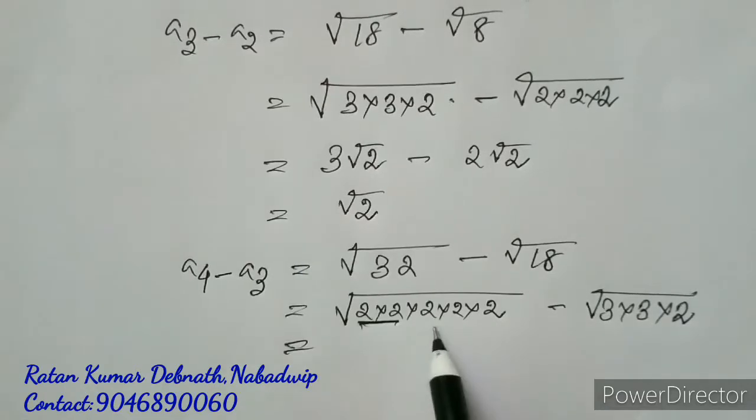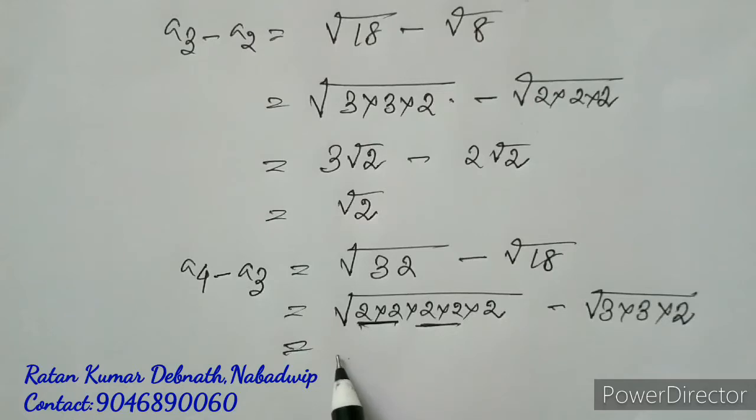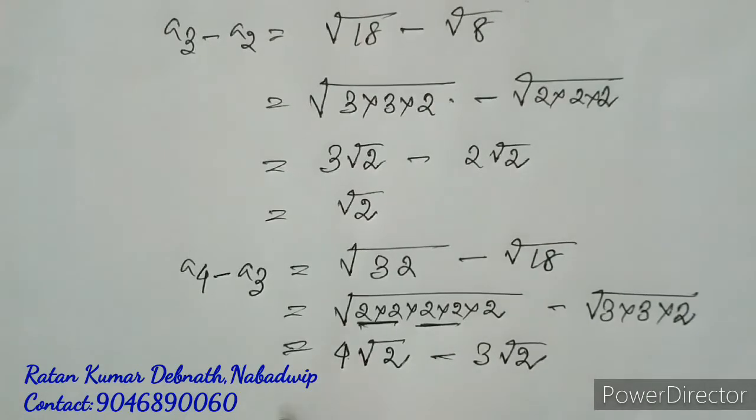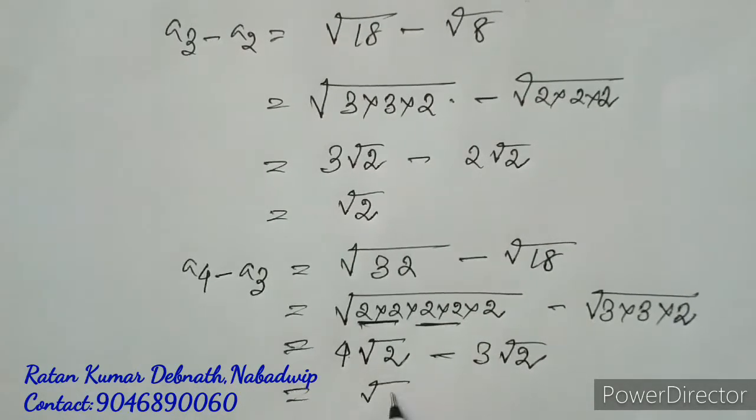We can take out of the root symbol two 2's. So we get outside the root symbol 4 and within the root symbol 2. So 4 root 2 minus 3 root 2 results in root 2.